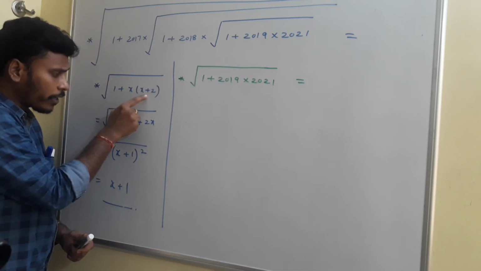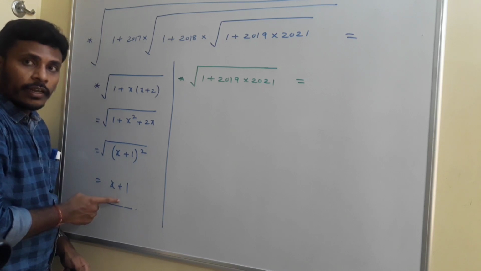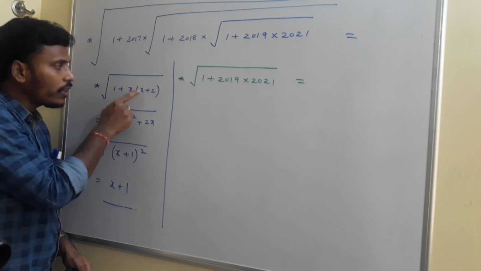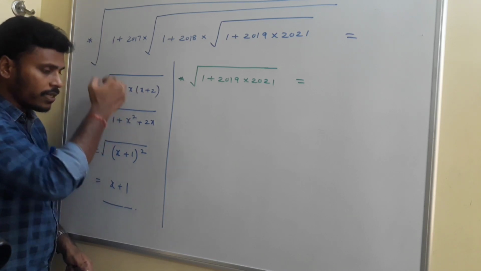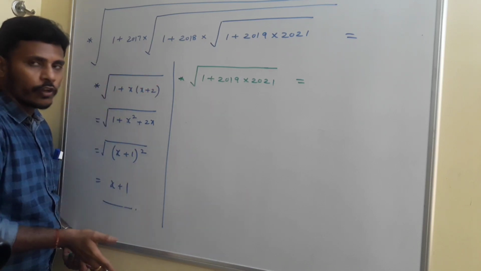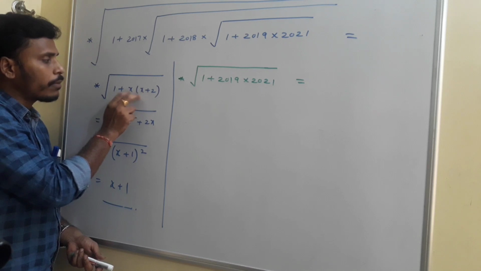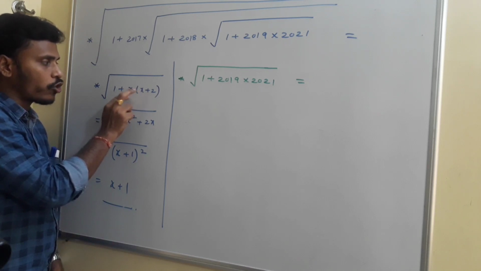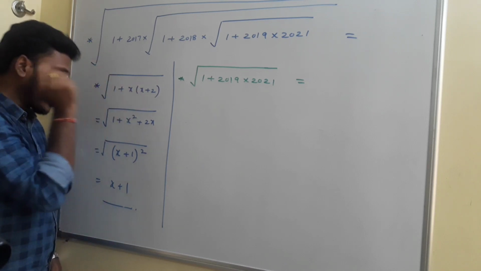For this x and x plus 2, my answer is x plus 1, the number in between them. Between x and x plus 2, what lies? Only x plus 1, right? So between these two numbers there is one natural number, x plus 1.